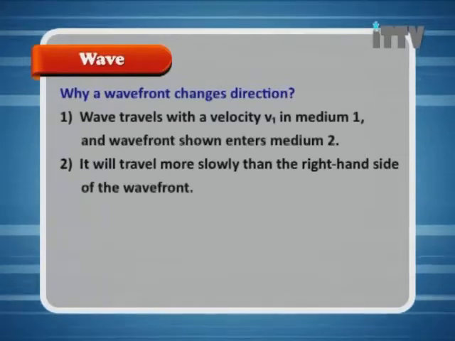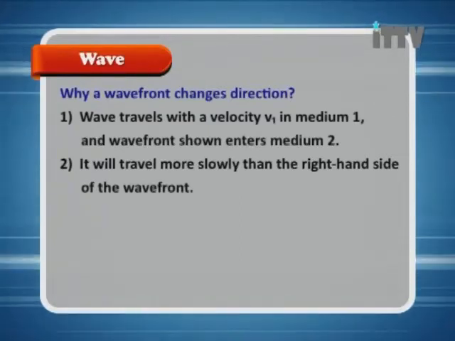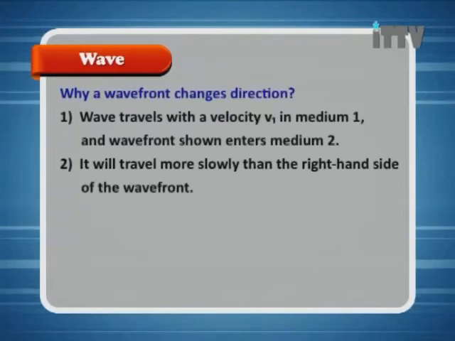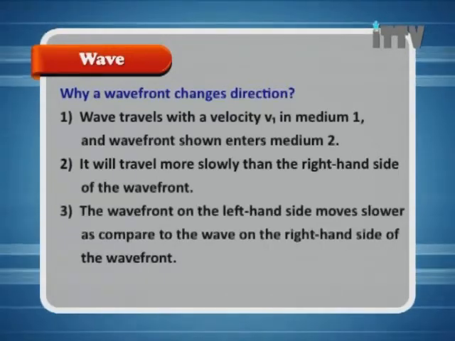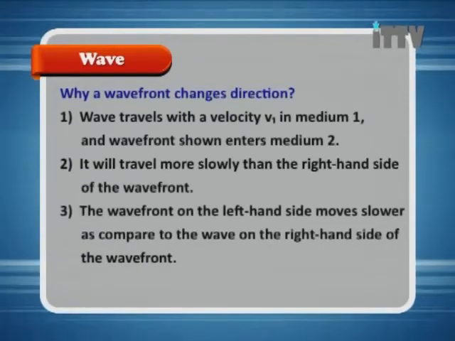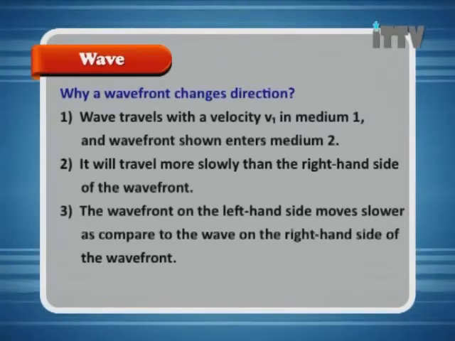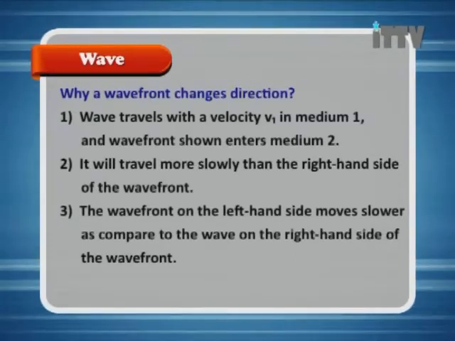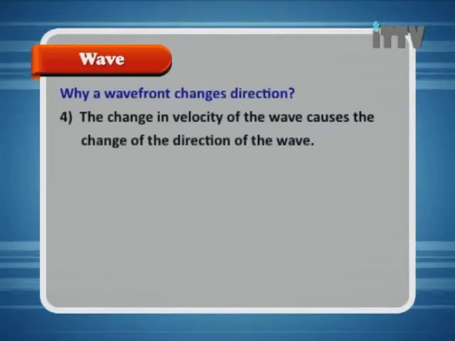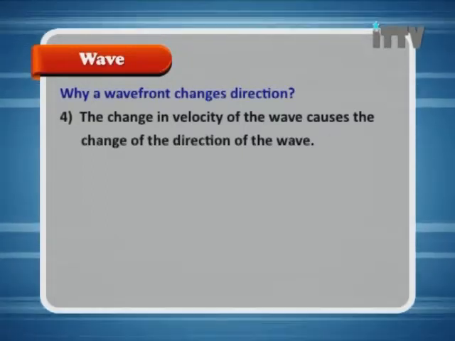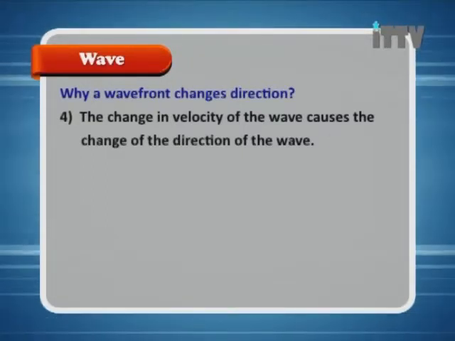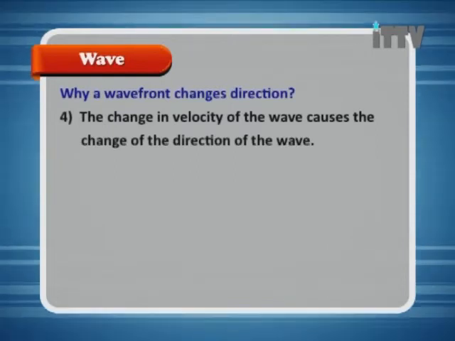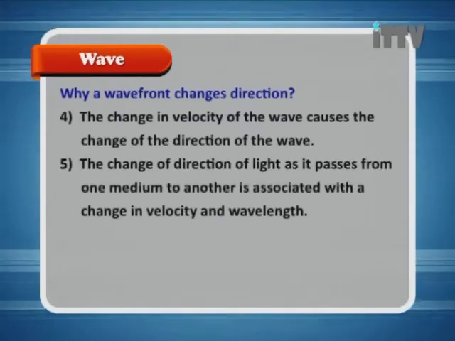It will travel more slowly than the right-hand side of the wavefront. The wavefront on the left-hand side moves slower as compared to the wave on the right-hand side of the wavefront. The change in velocity of the wave causes the change of direction of the wave.